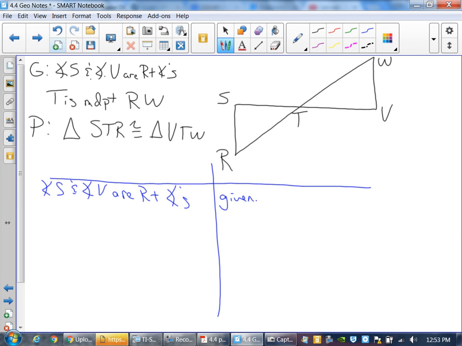What do you think I should do to my diagram then? Mark it. Mark it, exactly. Mark the diagram, put the little box in there. So now what do you say about right angles? They're congruent. Perfect, exactly.